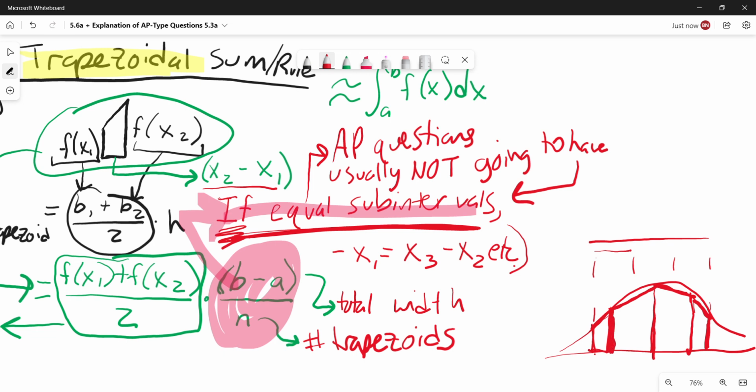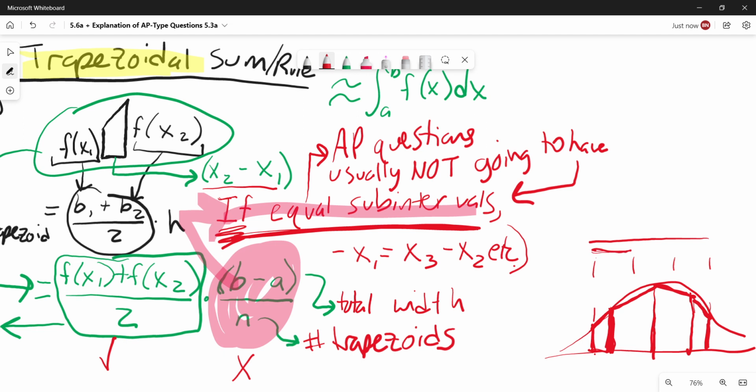So when you're doing these that have unequal subintervals, you would still use this part because you're still going to average the two sides, but you cannot use this whole b minus a over n formula. You can't do it because you're not multiplying it by whatever this is each time.